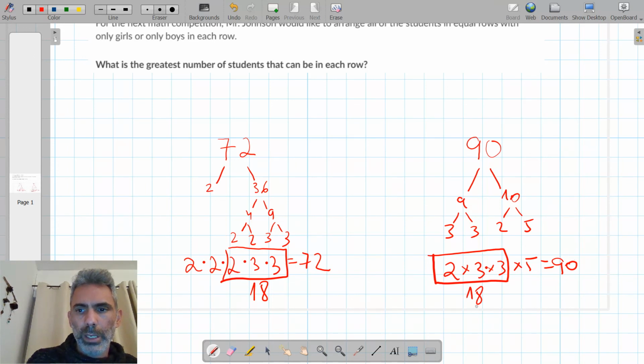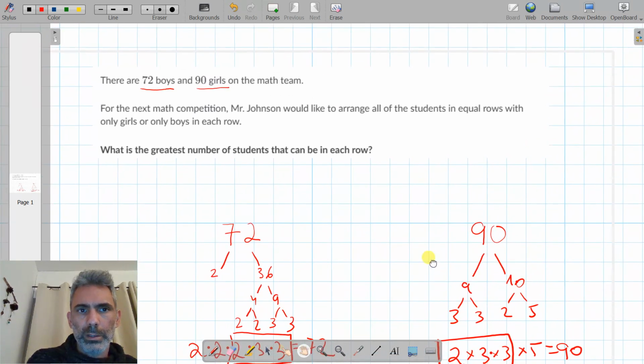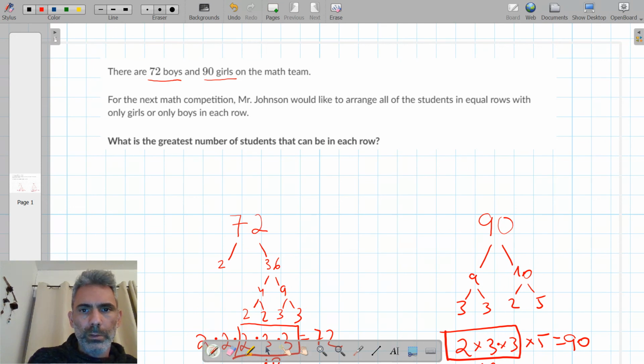90 divided by 18 is 5. 72 divided by 18 is 4. So 18 is the greatest common factor, which means 18 is the greatest number of students that can be in each row.